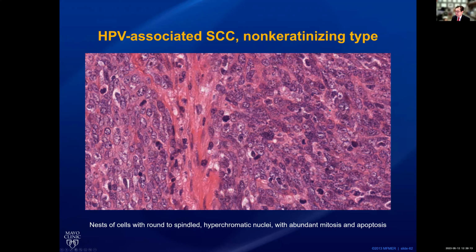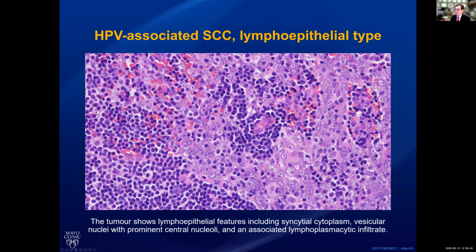Now this one is non-keratinizing, and our awareness, our knowledge and interpretation of this tumor has been advancing as well, because we see more and more. When HPV was first described, we thought it was only the non-keratinizing type, but actually that is not true. Sometimes we see keratinized squamous tumor as well, due to HPV infection. Now this is a lymphoepithelial type.